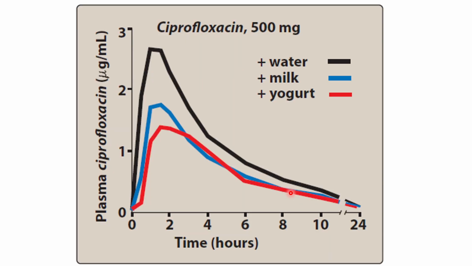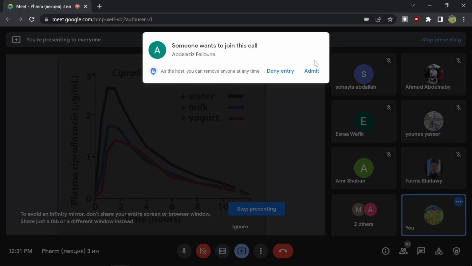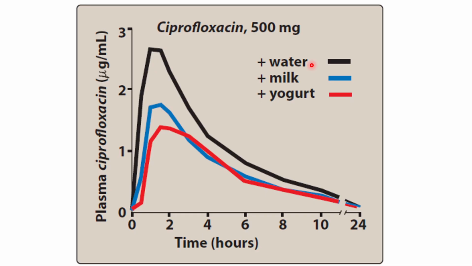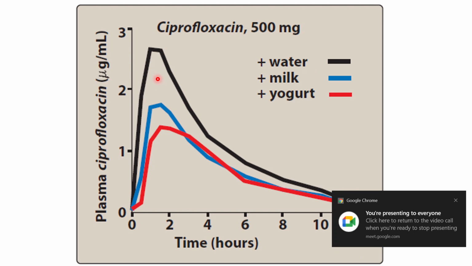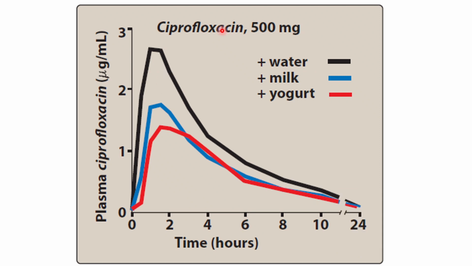Ciprofloxacin should not be taken with milk or yogurt because this food will decrease the plasma concentration, so it should only be given with water if given orally, because the calcium in milk and yogurt will prevent absorption.